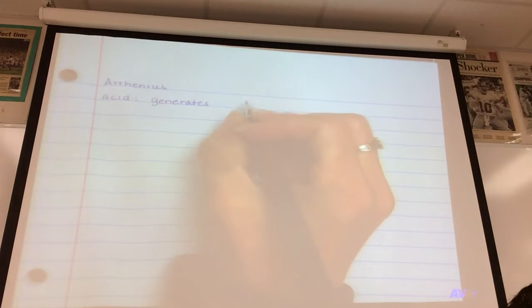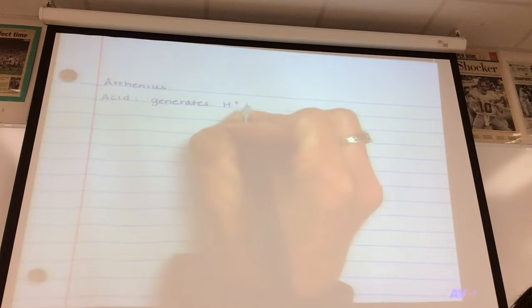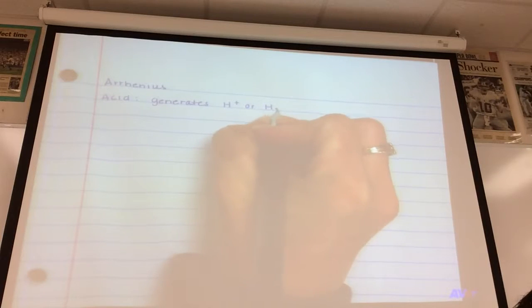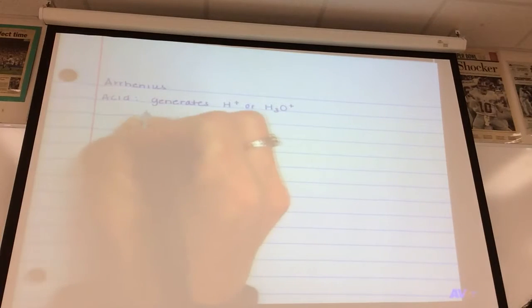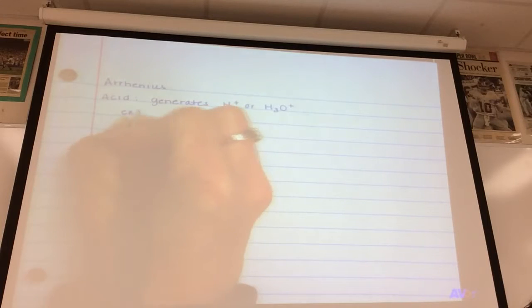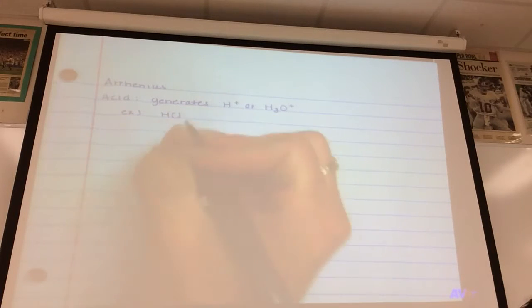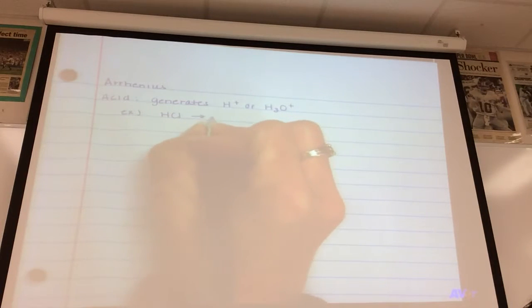The Arrhenius acid generates what? Either a proton or a hydronium ion. So for example, if you had hydrochloric acid, the solvent has to be water.